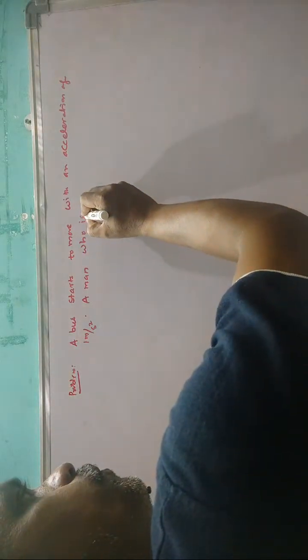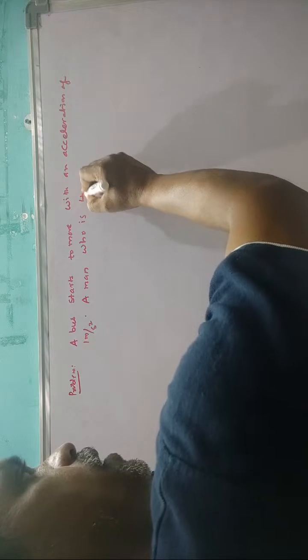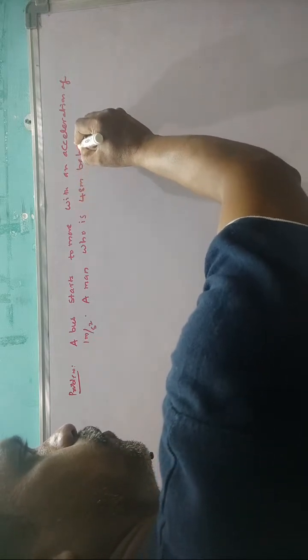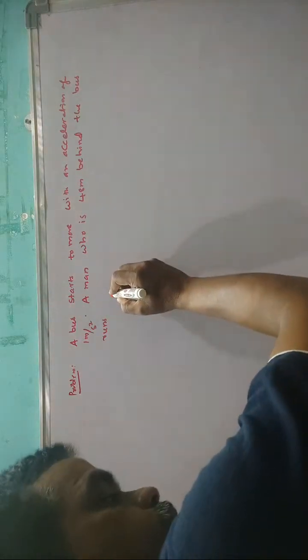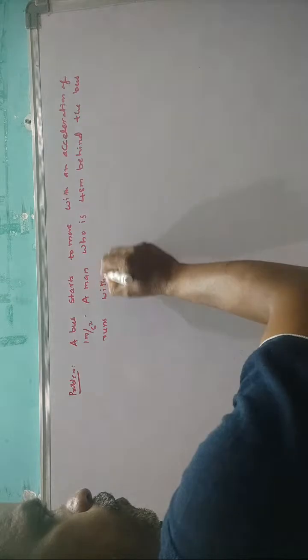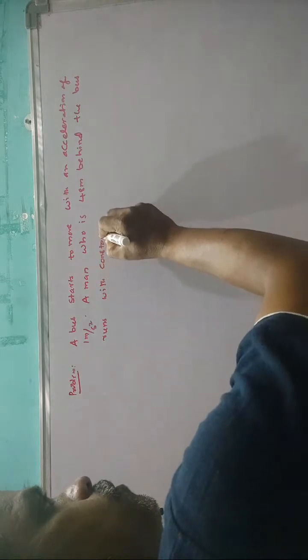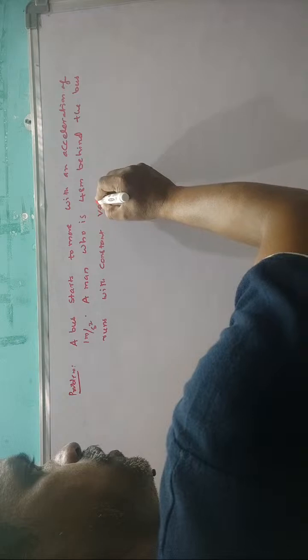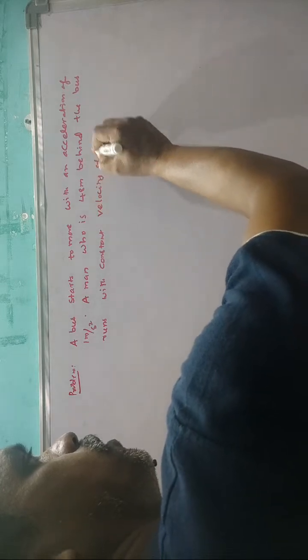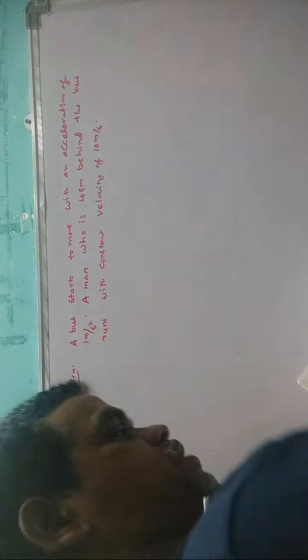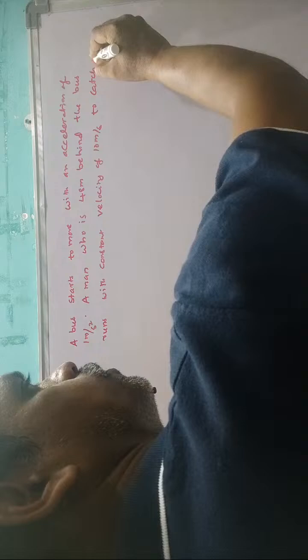A man who is 48 meters behind the bus runs with constant velocity of 10 meter per second to catch it.